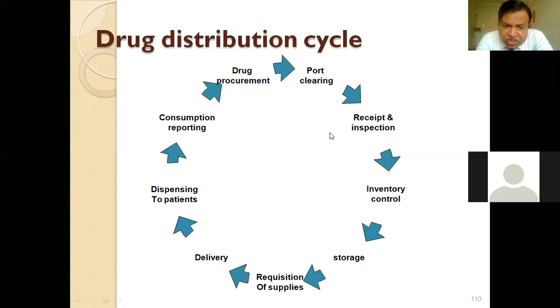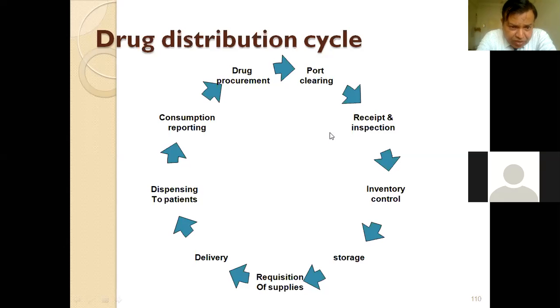Then recognition of supplies: which department is asking for the medicine, whether nursing staff, pharmacy staff, hospital pharmacy, or floor pharmacy. Then delivery of the supplies to the particular department or pharmacy, and dispensing to the patient as per the prescription of the physician or the requirement of the patient.